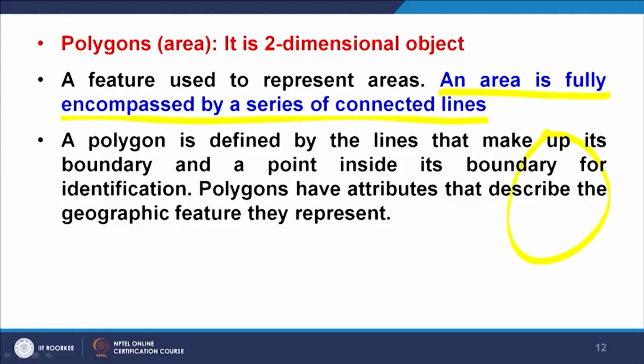Now, a polygon is defined by lines that make up the boundary, as I have already drawn here, and a point inside its boundary for identification, which we also call the centroid. Polygons have attributes, like point data can have attributes, and line or polyline data can have attributes. So, the polygon can also store, suppose I am having revenue records or plot records.